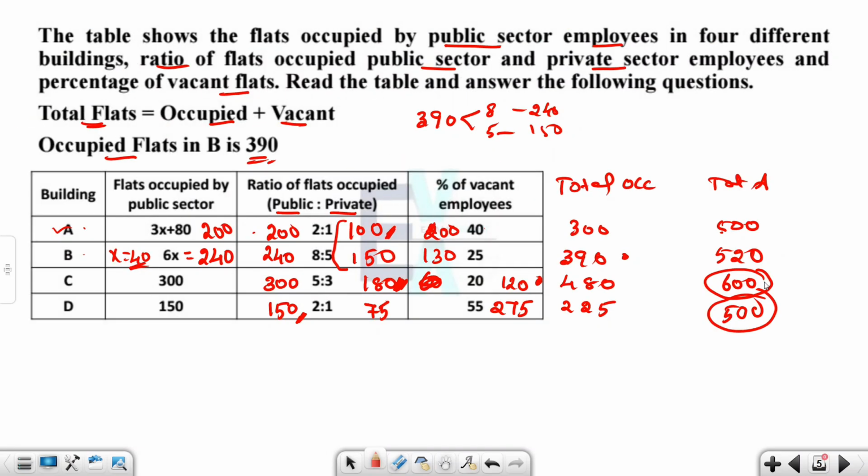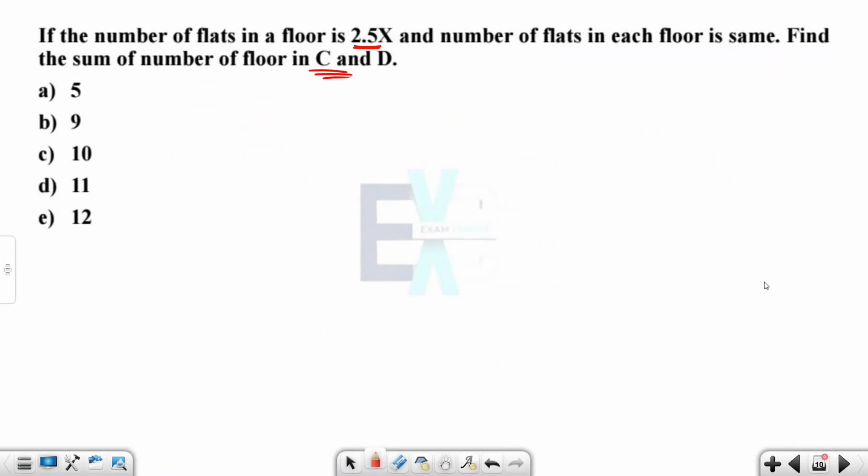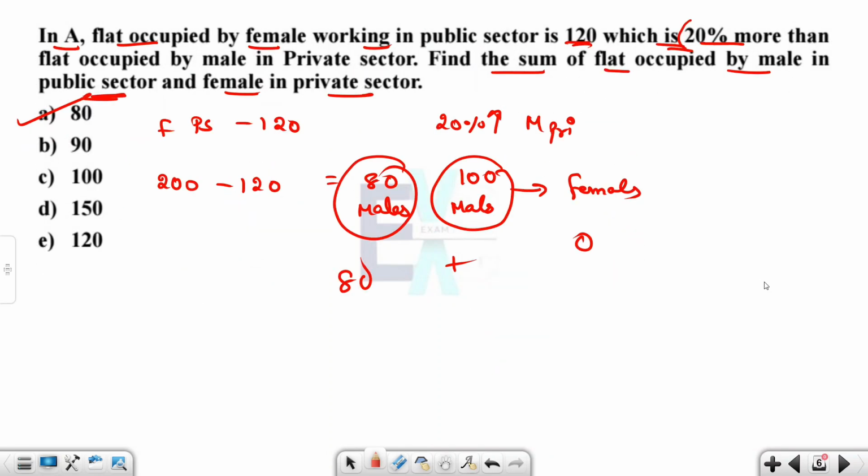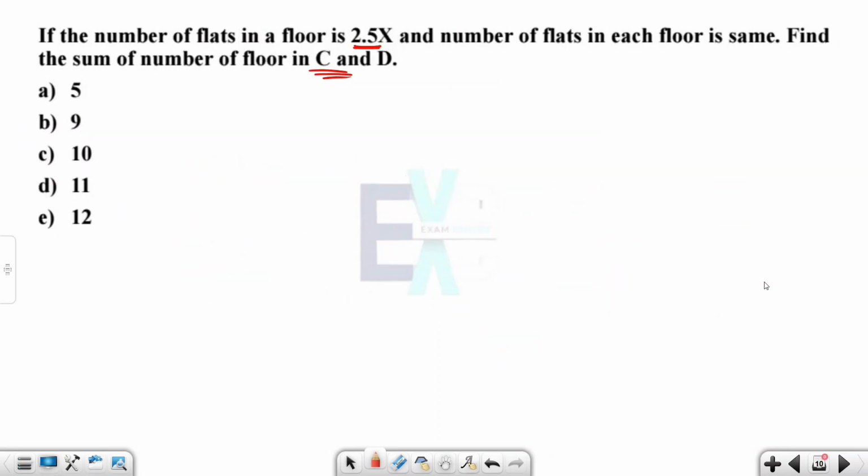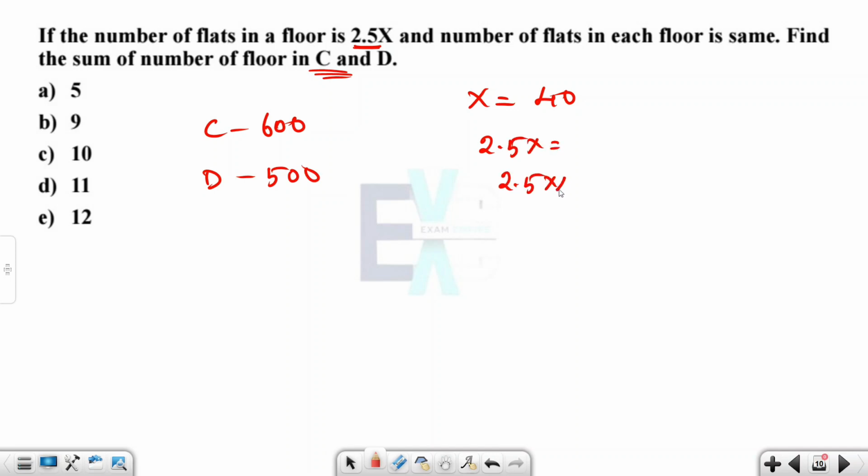So what is 2.5x? That is 2.5 into 40, which is equal to 100.